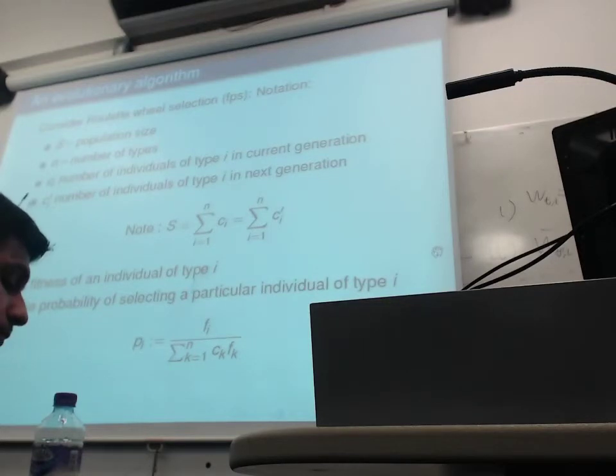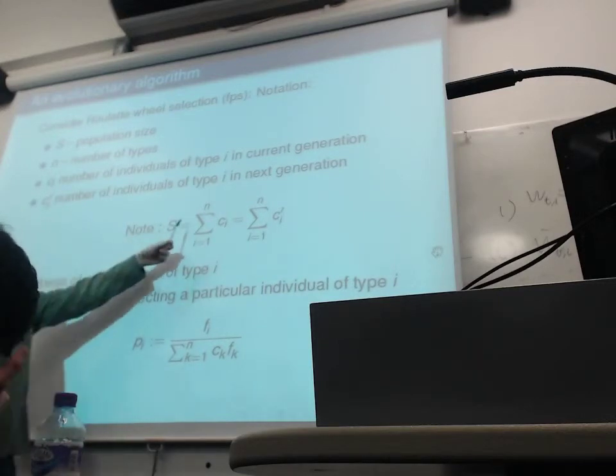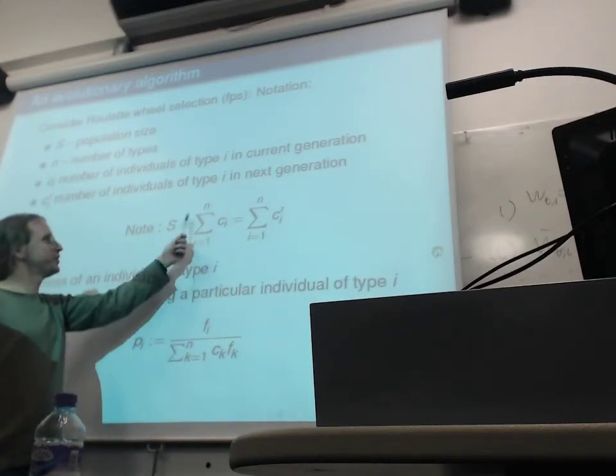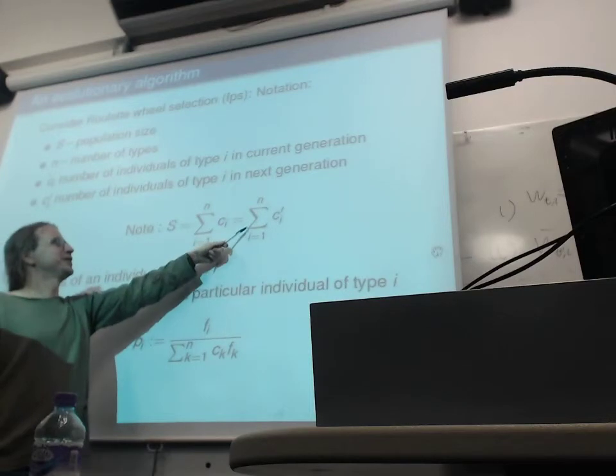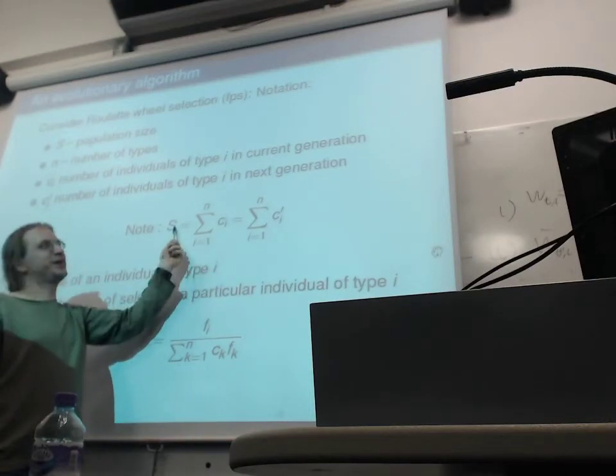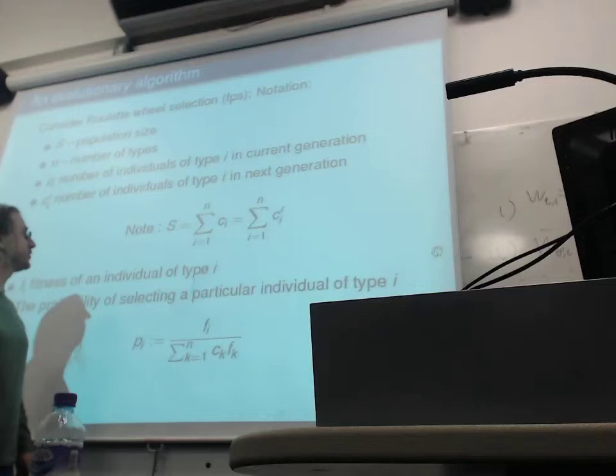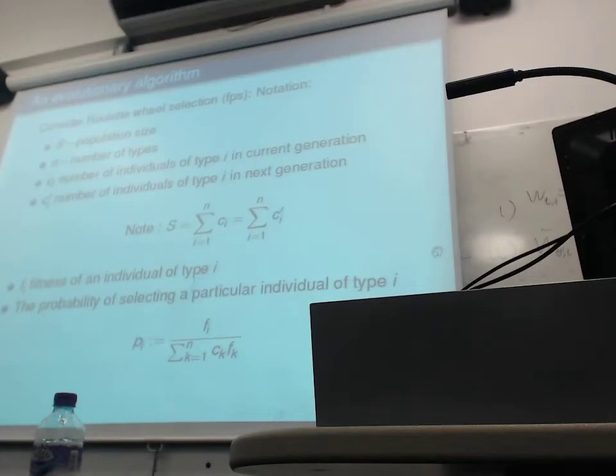Ci will be the number of individuals of type i in the current generation. C prime i will be the number of individuals of type i in the next generation. So if we have a fixed size evolutionary algorithm, the number of individuals of each type have to sum up to the total population size. We'll call Fi the fitness of an individual of type i. Okay?